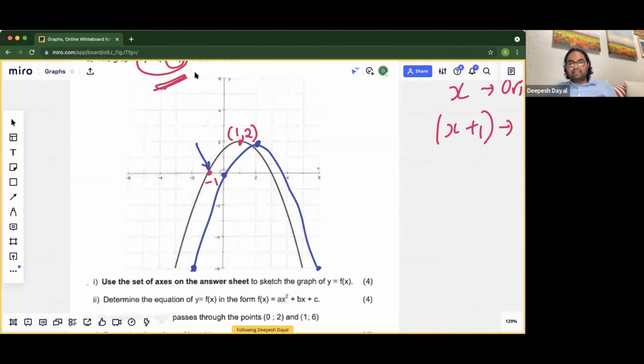I think I've done a decent job. Okay, so that is the new graph. We moved it 1 unit to the right. So this one here is f(x).